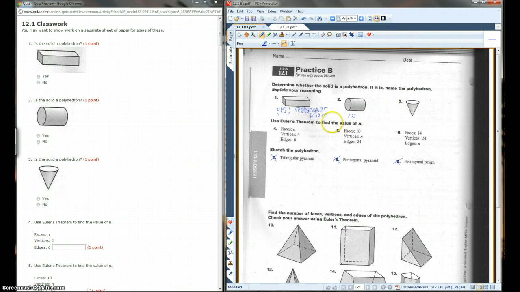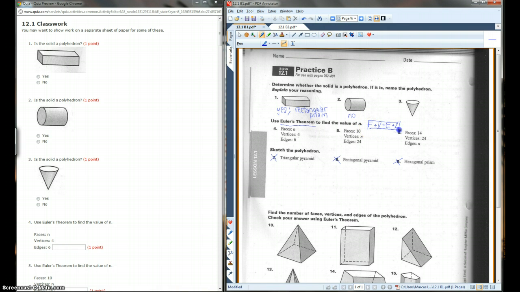In the second section, they ask you to use Euler's theorem, which is in your notes on the same page as this stuff. If you don't remember, Euler's theorem says that the faces plus the vertices equals the edges plus 2 within any polyhedron.